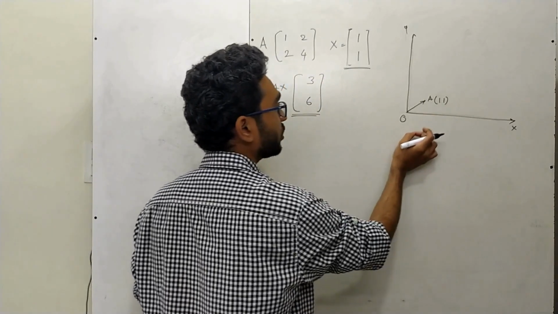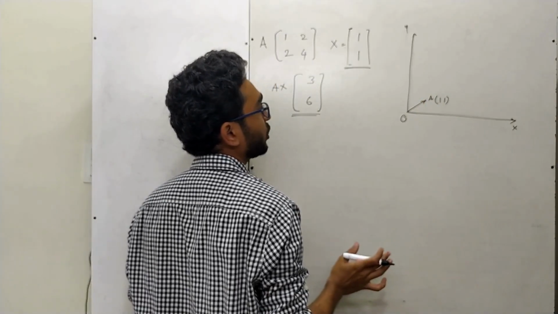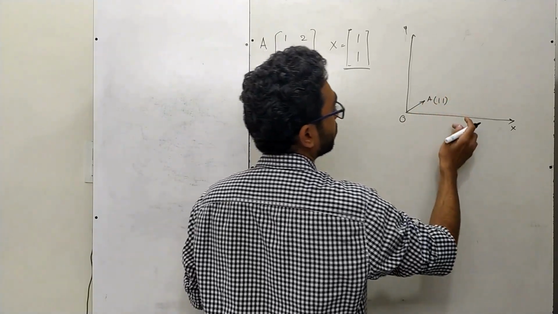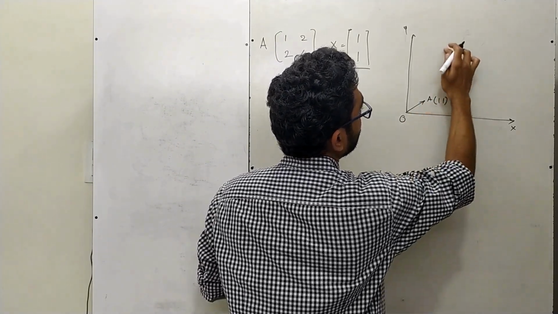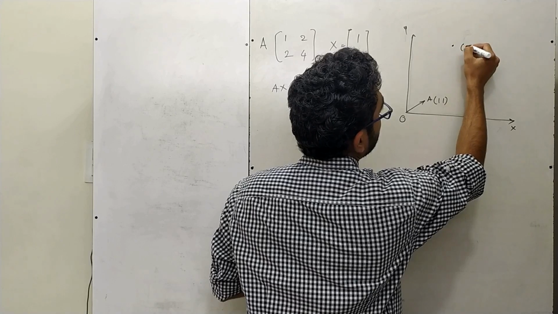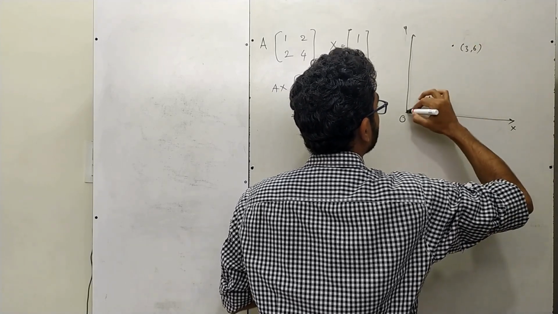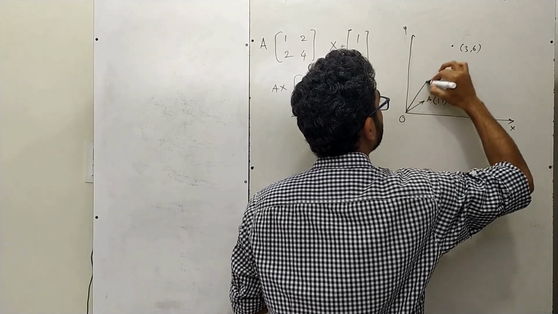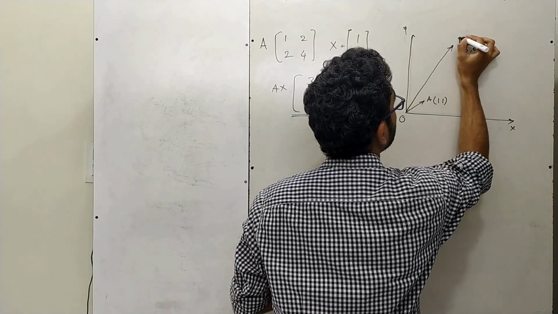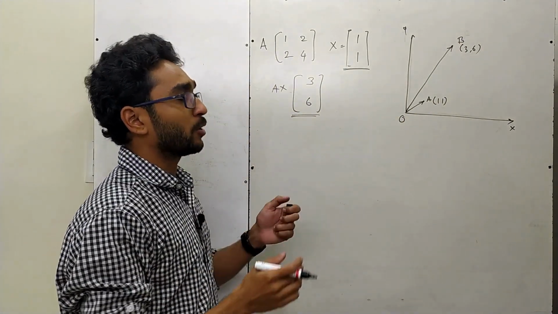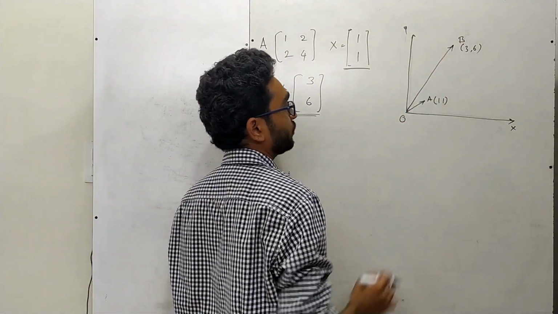This is the position vector of point 1 comma 1. Similarly, if I draw this point 3 comma 6, it will be somewhere here, 3 comma 6, right? And if I draw the position vector of this point, say point B, this is the position vector OB.